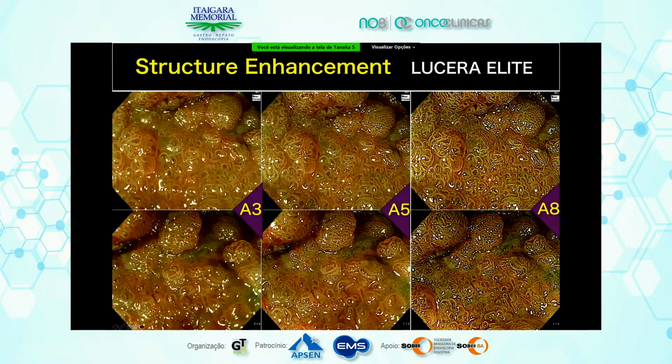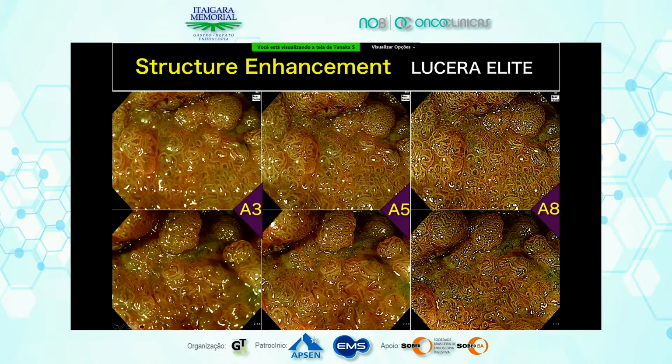Also, to observe surface pattern in NBI magnification, the setup of structure enhancement of the system is very, very important. This is the same part of the same region in various structure enhancement settings. A8 is best, a very fine picture.